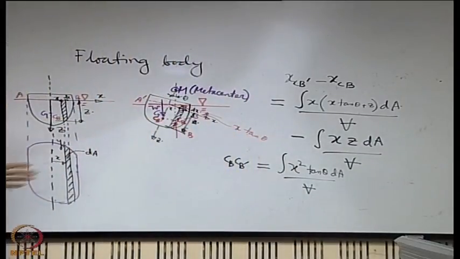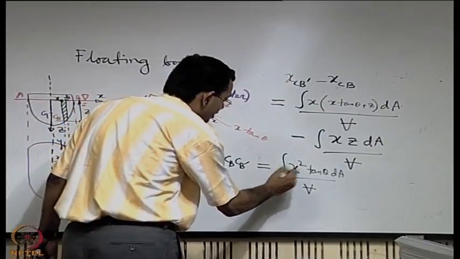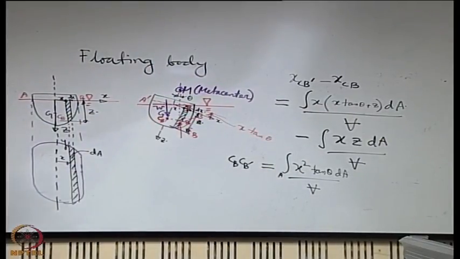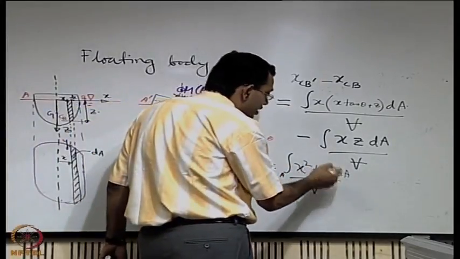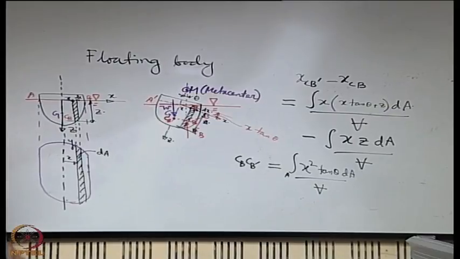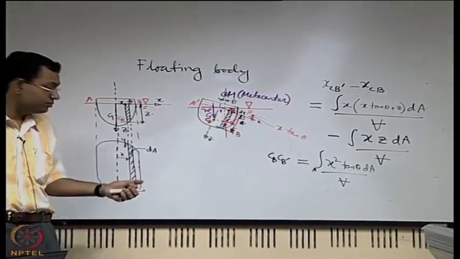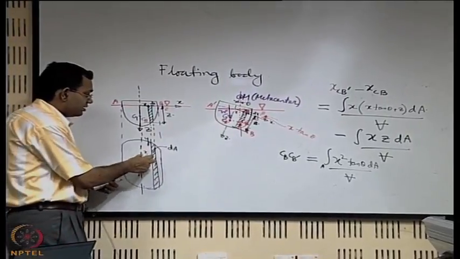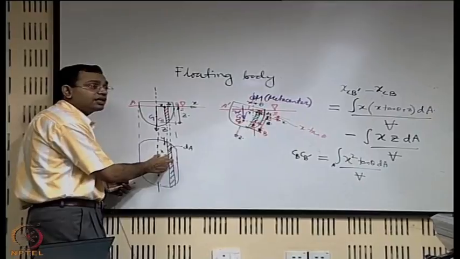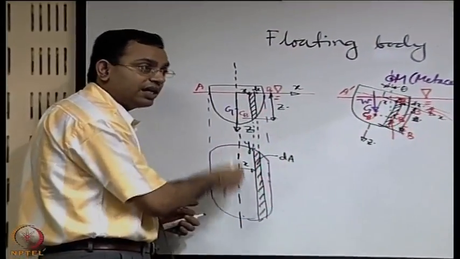Theta being like a constant parameter, tan theta you can take out of the integral, and this area integral is carried out over the shaded area dA. So what does it represent if you take tan theta out of the integral? Second moment of area with respect to which axis? You refer to this plan view: integral of x square dA is the second moment of area with respect to the y axis.